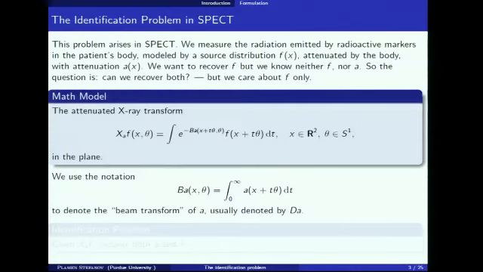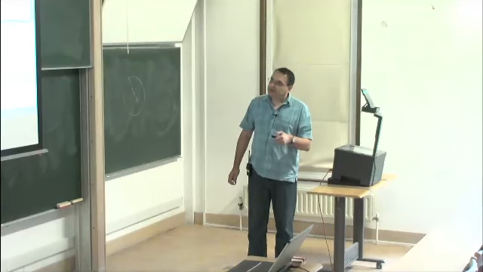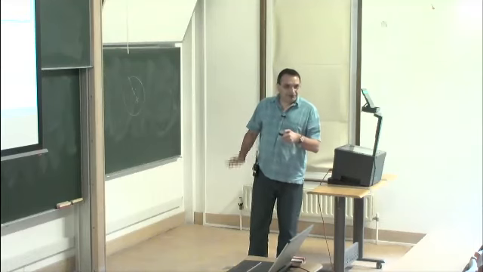So here's the mathematical model. Well known, this is the so-called attenuated X-ray transform. If a is 0, this is just the X-ray transform. I studied that in the plane. Well, it's an interesting question, can I get more information in higher dimensions? If a is 0, it is basically the same thing, but if a is not 0, actually this is not a trivial question, but I'm not going to talk about this.